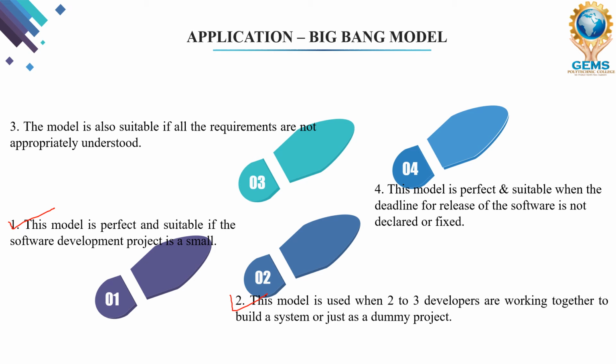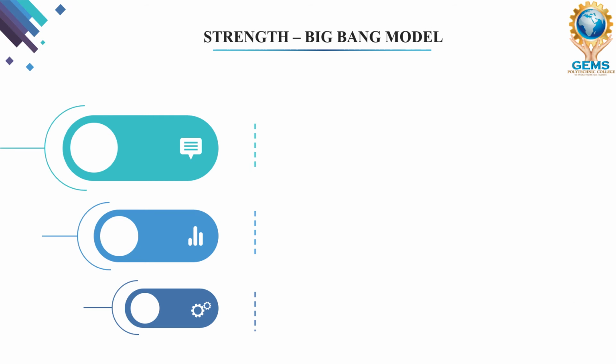So this model does not have the concept of delivering the project within a declared date or fixed time. So the customer and the developer both have flexibility here. So these are the four basic application areas where we are using the Big Bang model for the development of a project. Now we have strengths.